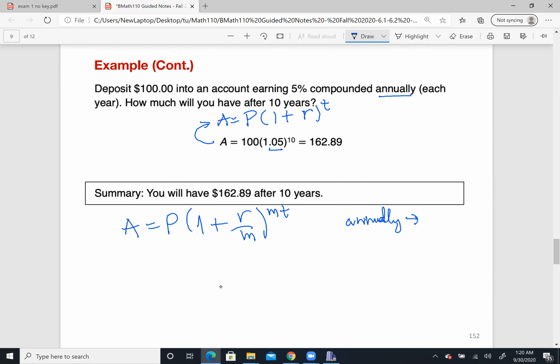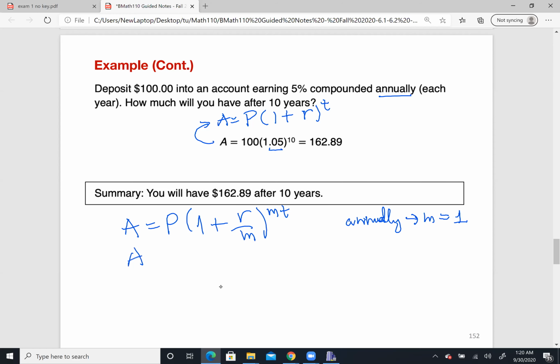Then m in here is equal to 1. So I can substitute into here and get A equal to P times (1 plus r over 1, which is just r), and then m times t, let me just write 1 times t.